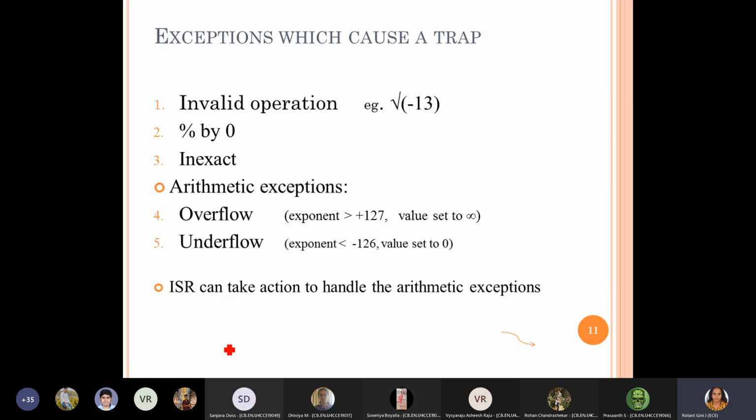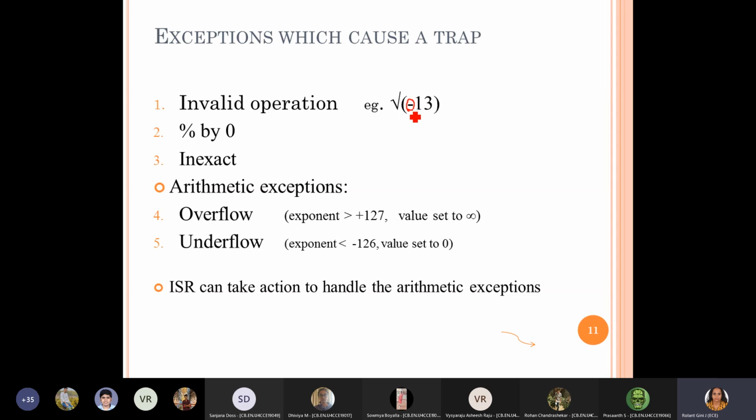So other than that, there will be exceptions caused while doing the operations, right? Some examples I have given you. When you try to find the root of a number, when the number is given as minus 13, finding the root becomes a problem. Okay, so in this case, when given to the user, the information should be given, or there should be some mechanism inside the design or a program to handle, right?